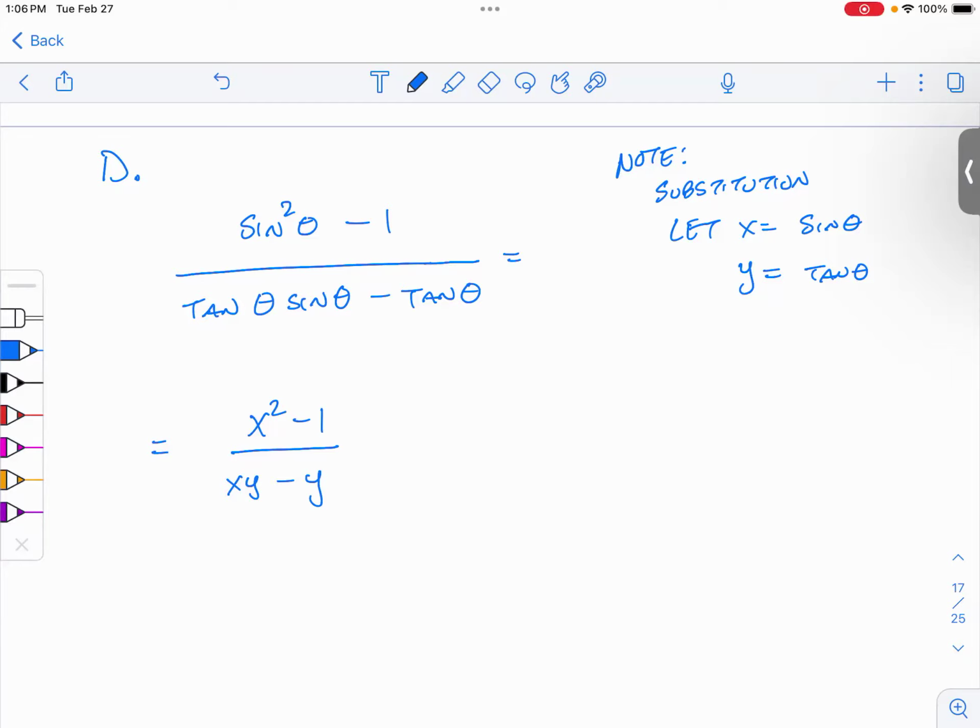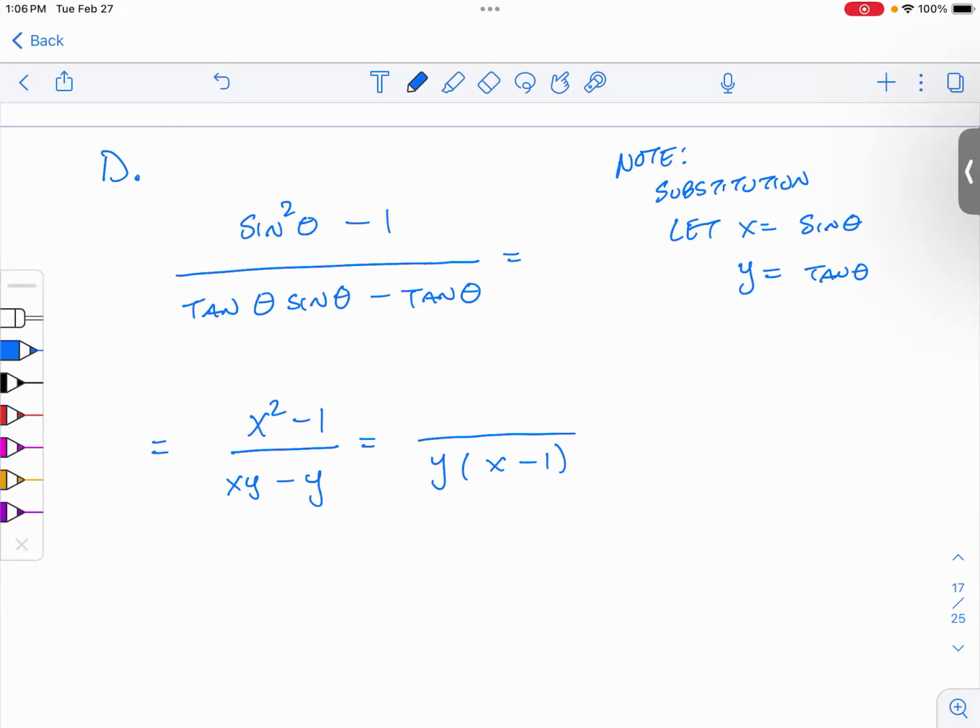And it's a lot easier to see something like this when we put it completely back into algebra terms. And yes, absolutely, Galen, you're dead on. In the denominator, let's pull out a y, which is tangent. And that leaves x minus 1.